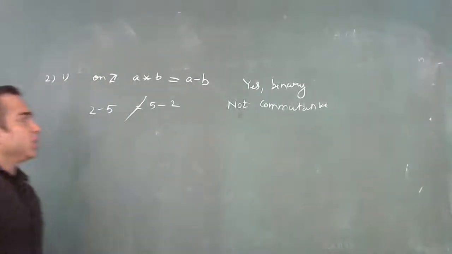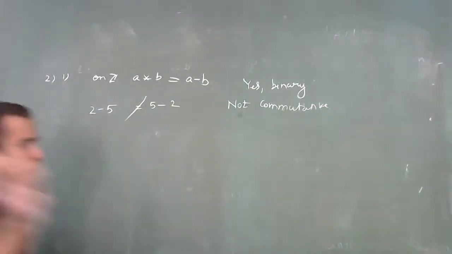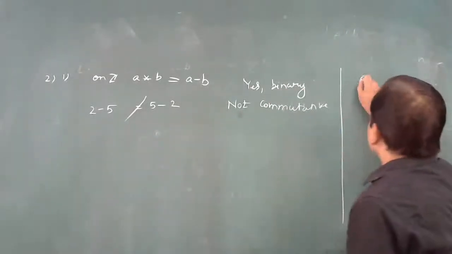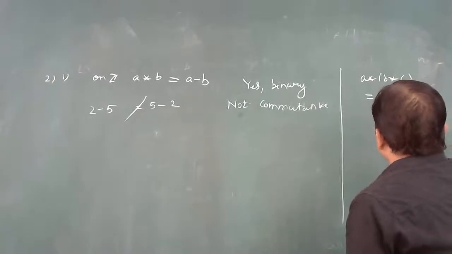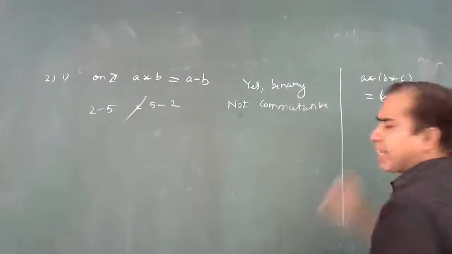Associativity means, you remember the definition of associativity. Associativity says A star B star C is the same as A star B star C, grouped differently.